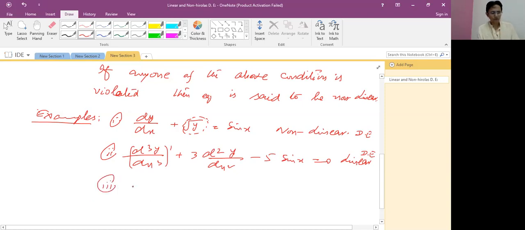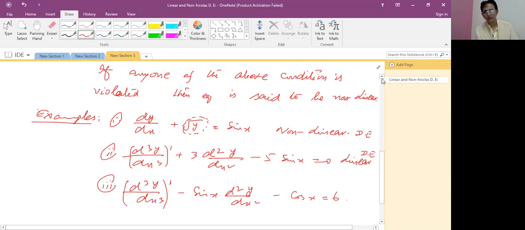For example, student, d cube y over dx cube minus sine of x into d2y over dx square minus cos of x equals 6. The order is 3 but the degree is 1.